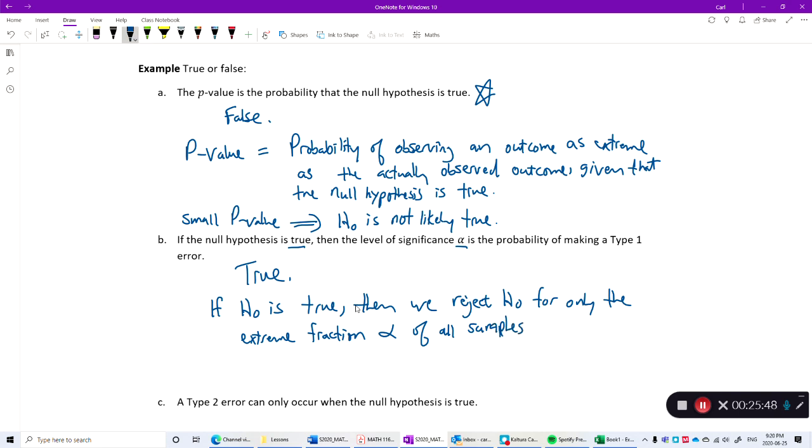If H0 is true, we're going to end up rejecting H0 for only the extreme fraction alpha of all samples, which is exactly saying that the probability of rejecting H0, that's the probability of making a type 1 error. That's alpha.